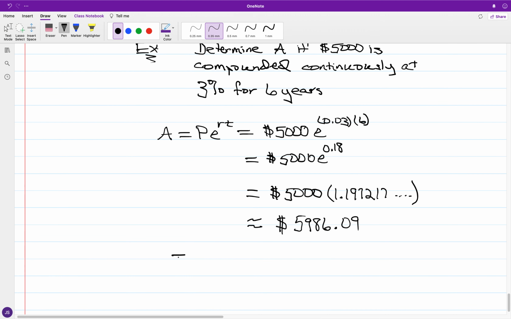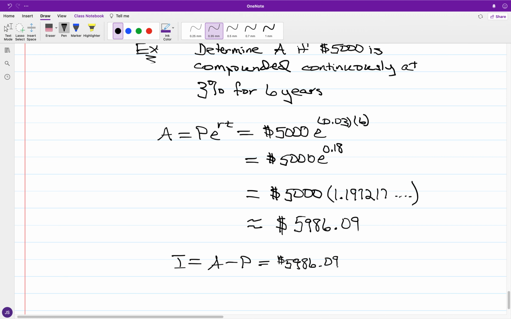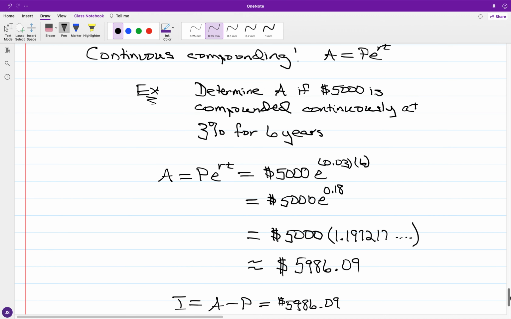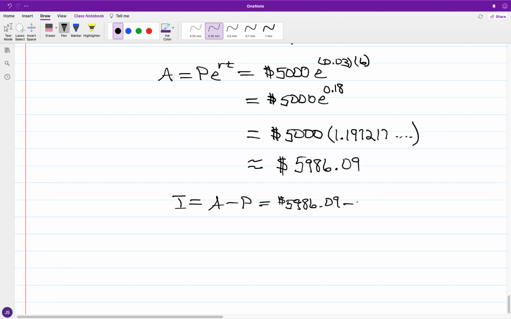And again, just for the interest amount, you had $5,986.09 for the future value after 6 years, after having put in $5,000.